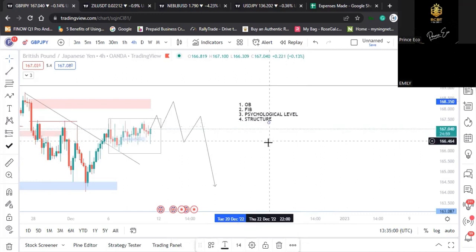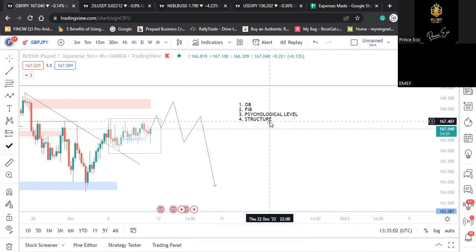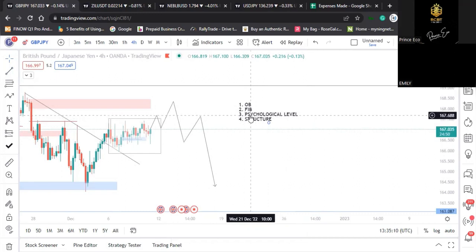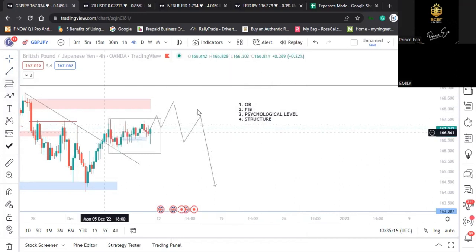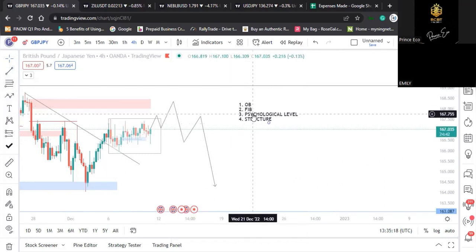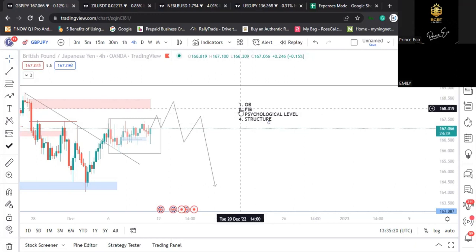But it comes like this for me: structure first, to know the direction of the market. Then order block, then Fibonacci, then when I see the psychological level. Structure, then Fibonacci comes next. But this is the major confluence for me. Psychological level after Fib, then order block.